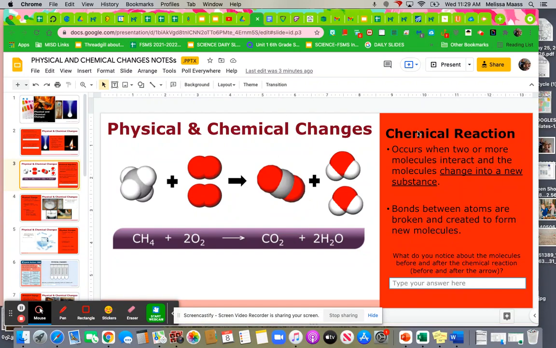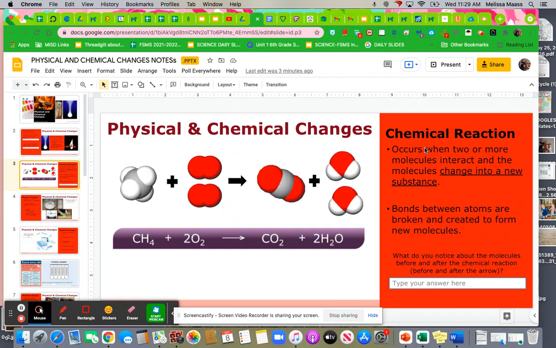So we're going to be starting to look at chemical changes. But what first occurs, and what we were talking about when we went into the topic of elements, is that when two or more elements combine, they're going to form a brand new substance with new properties.